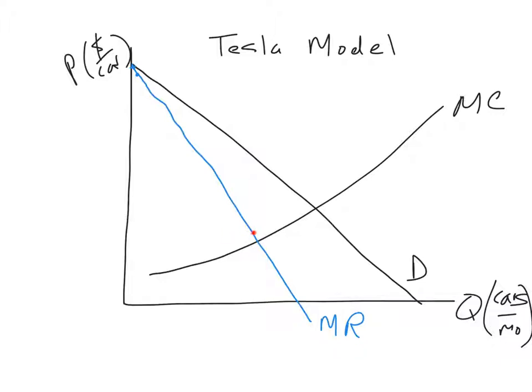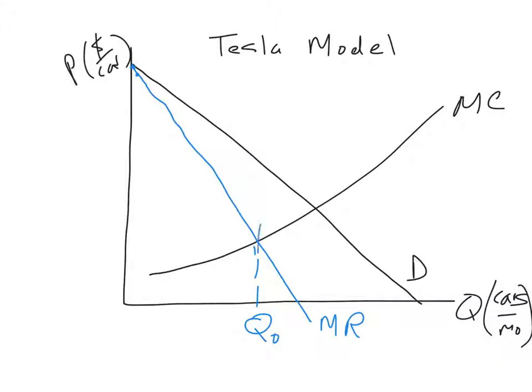If I'm going to get $9,000 per car in my marginal revenue, and it costs me $8,500, well, I'm going to do that. When would I stop? I'd only stop where marginal revenue and marginal cost are just equal, and that's going to be my profit maximizing level of output.